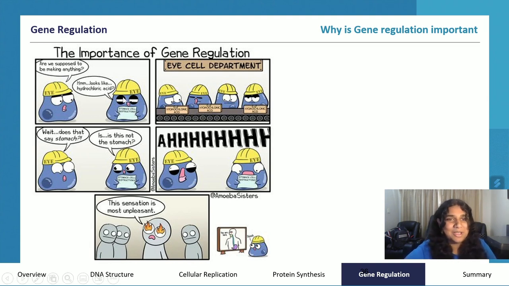So this eye cell has just created a protein that helps with the production of hydrochloric acid. The eye cell is producing hydrochloric acid when this is supposed to be for the stomach cell. The eye cell gets confused because it doesn't think that it's in the stomach and ends up burning the eyes of the human. So gene regulation is really important so it doesn't create proteins in locations that they don't need to be in.